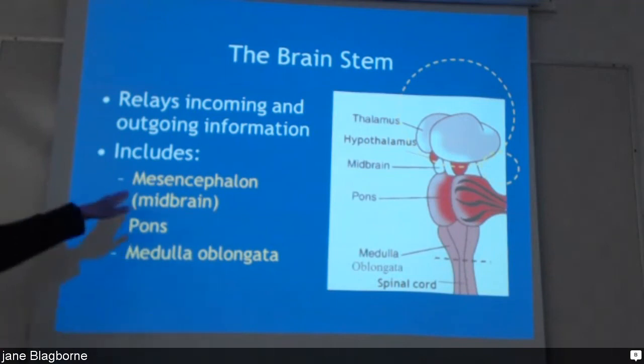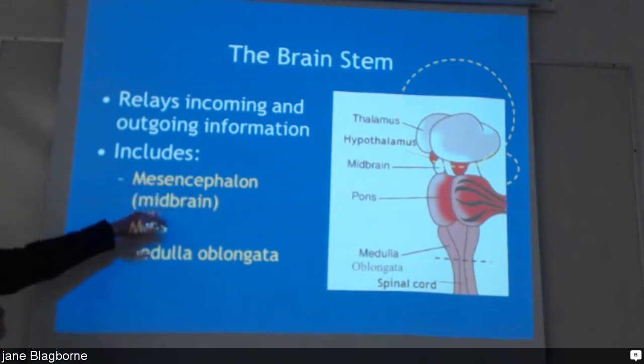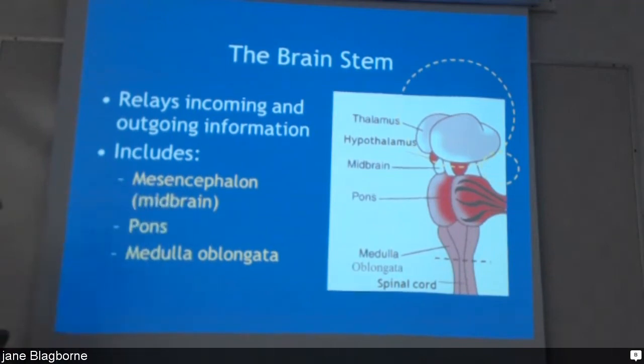So it includes the mesencephalon, which is the midbrain. It might be easier to remember midbrain than it is to remember that nice big word. The pons and the medulla oblongata. Those are the three areas that it includes.